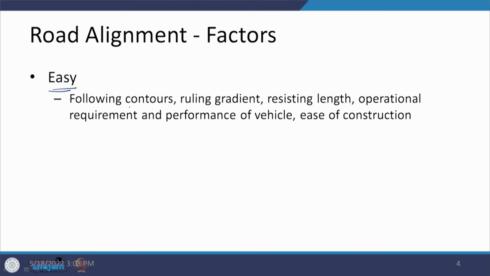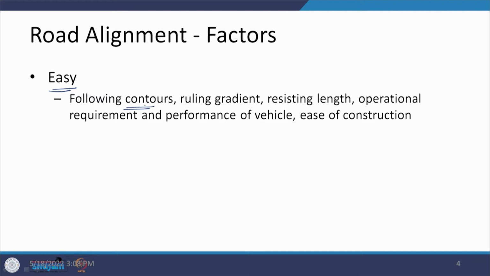If we talk about the contours, as in the example we have taken, we need to have a connectivity between A and C via B, or between A and B via C and D. Then these contours play a critical role because they are defining the levels, the elevations with respect to either the reference point or the mean sea level, whatever the way the datum has been fixed by you when you plot them. And if you are looking at the Survey of India's sheets, then of course they are with respect to a specified datum or reference point which is coming from the mean sea level.